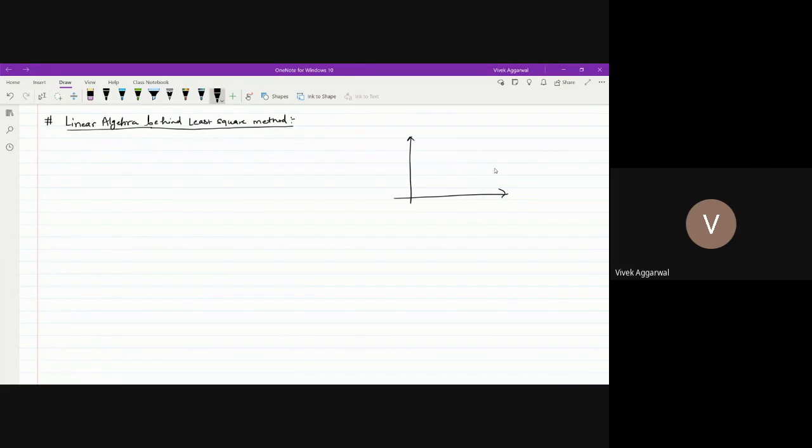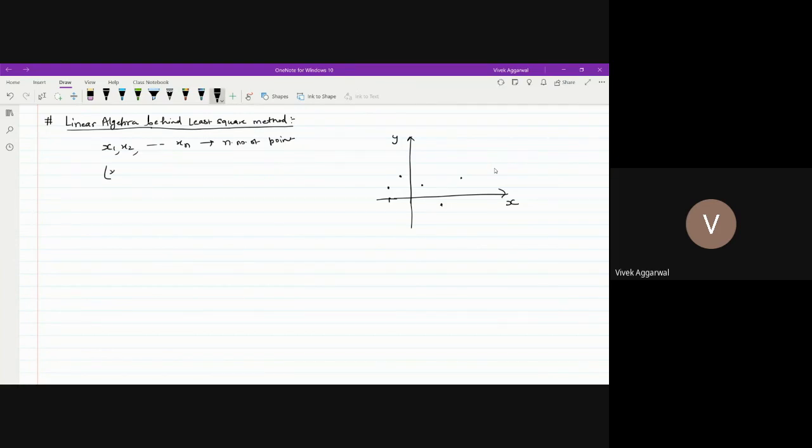Suppose this is my x-axis and y-axis, and a large number of data points is given to me: x1, x2 up to xn, these are the n points.